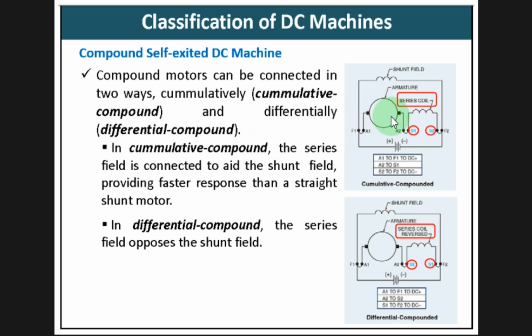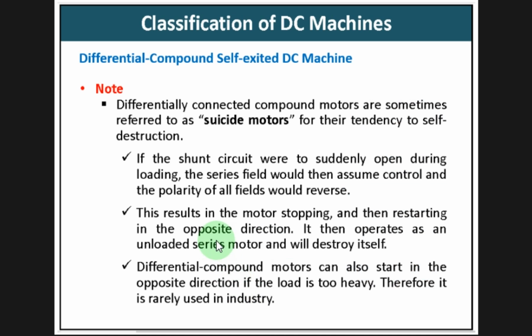According to the way the resultant magnetic field is generated, whether they are adding up together is called cumulative, whether they are opposing each other they are called differential compound. And we said differential compound machines are not very much used in the industry because they are suicide type motors, like self-destructive.